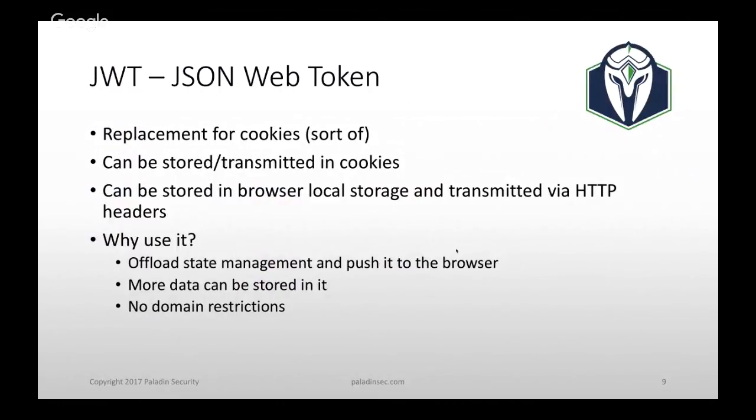We have this way of storing data about the user or their session and passing it down to the browser, and then it comes back on subsequent requests. That way, whatever web server gets this request can look at the JWT and see what is the deal with this person. Are they a valid user? Are they authenticated to the site? What's some information about them? You can kind of compare this to the view state in some ways in ASP.NET applications.